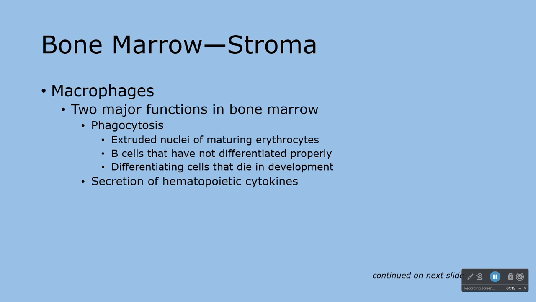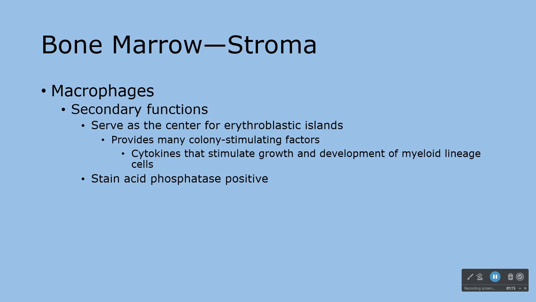But you can't have just a bunch of nuclei floating around in your bone marrow from all those red cells that you have created. So you have macrophages that's their job, is they go in and engulf them and then recycle the nutrients from them, okay? Does that make sense? All right. And then, of course, macrophages that secrete hematopoietic cytokines, like the mother cell that we were talking about a little while ago. Okay.